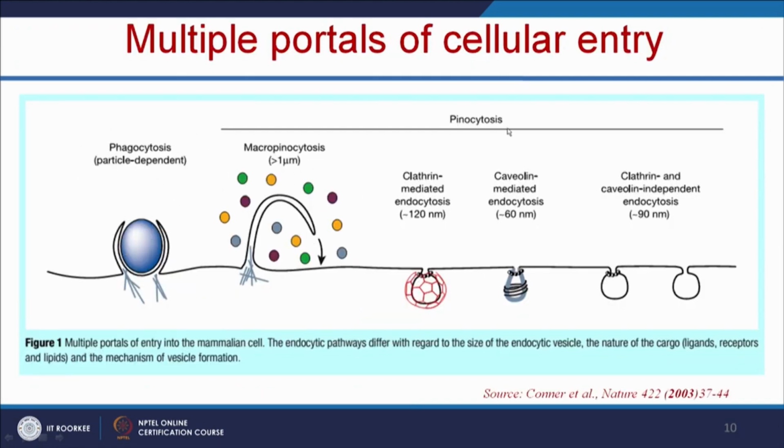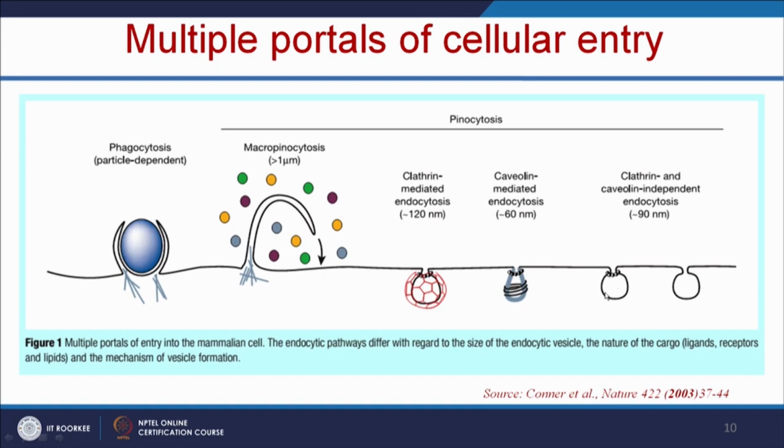For phagocytosis, the size of the vesicle will be more than 1 micrometer. For clathrin mediated endocytosis, the size of the vesicle is 120 nanometer. For caveolin mediated endocytosis, the size is 60 nanometer, and in the case of clathrin and caveolin independent endocytosis, the size of the vesicle is 90 nanometer.